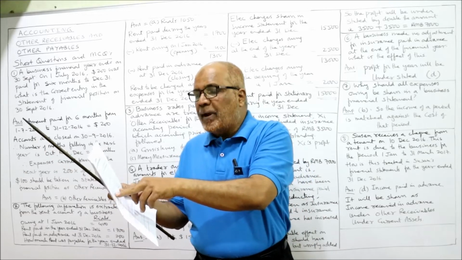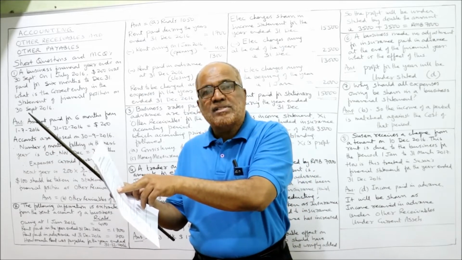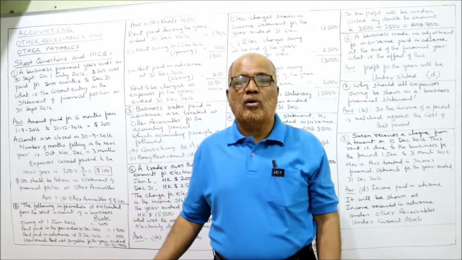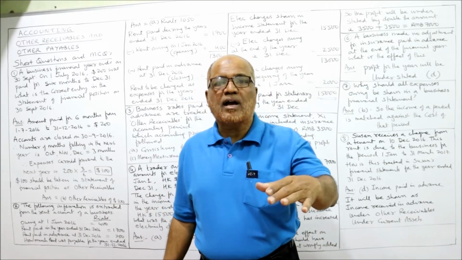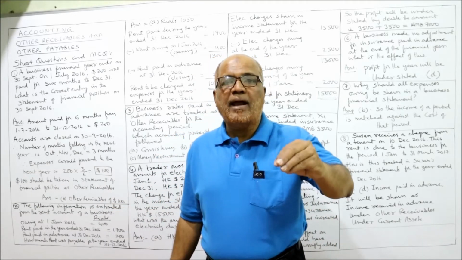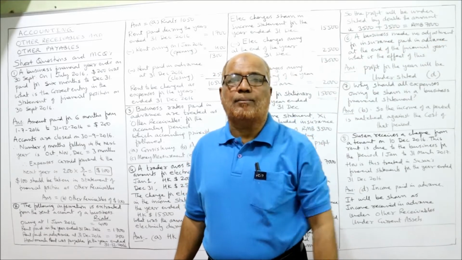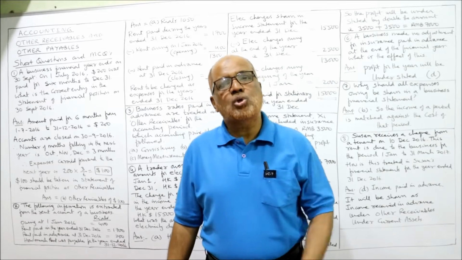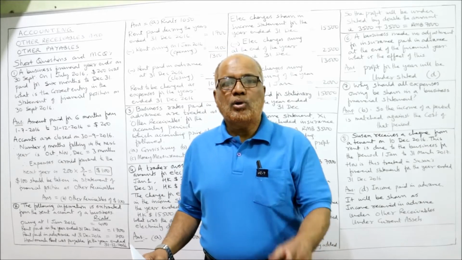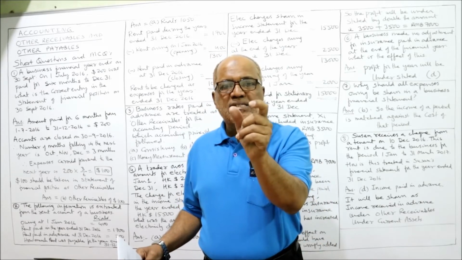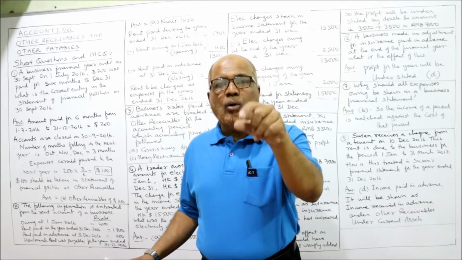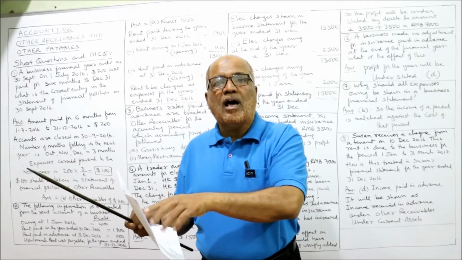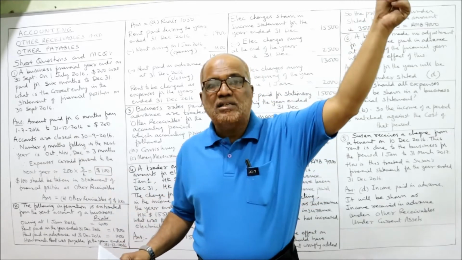Similarly, rent paid in advance at 31st December 2016 is $250. That means at the end of the current year, rent paid in advance for the next year, $250. This also is not related to the current year, so deduct. The total rent paid 1700 real, out of which 400 real is not of the current year, it is last year.